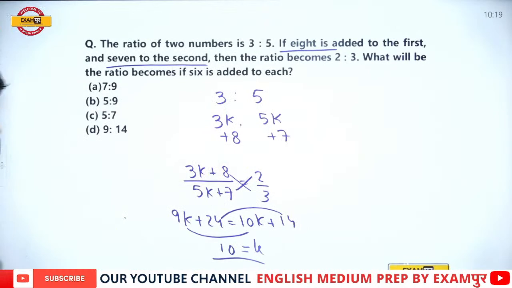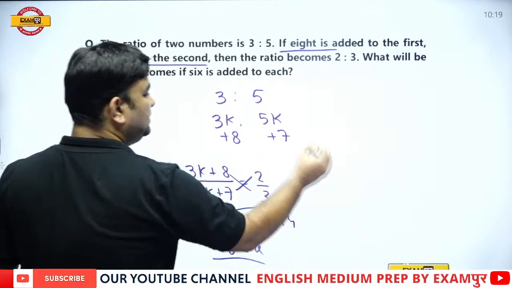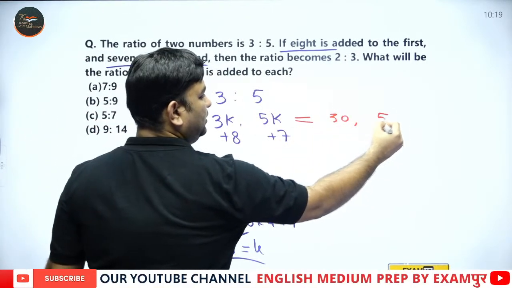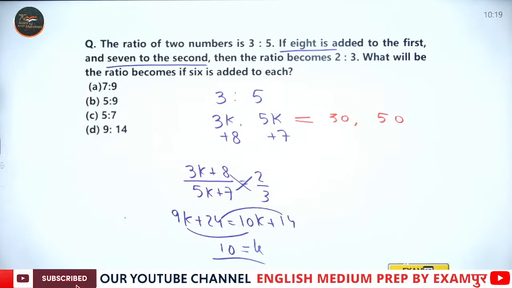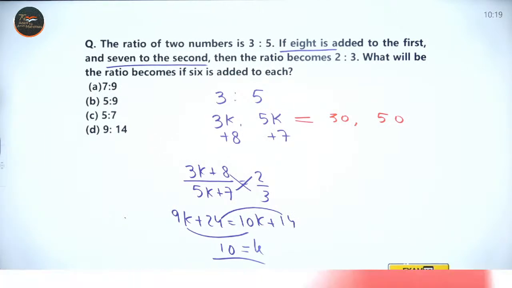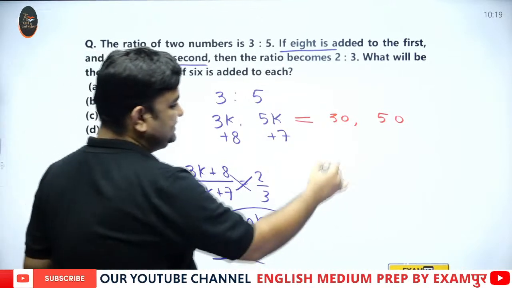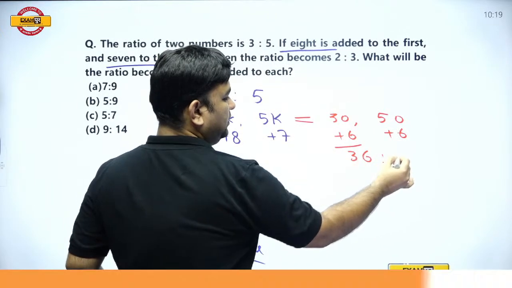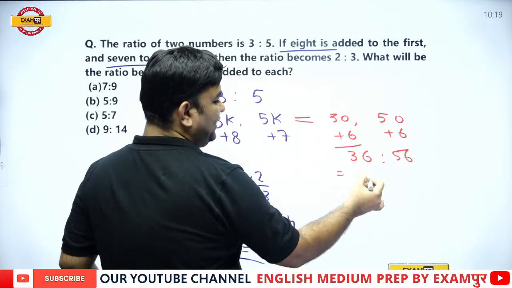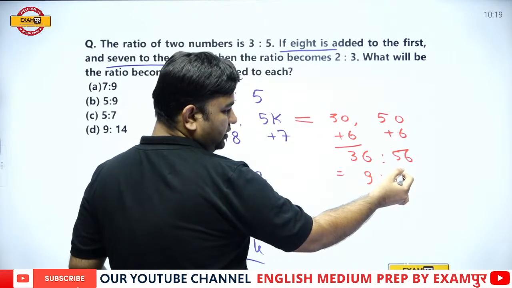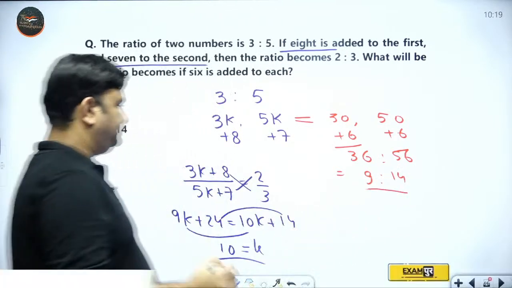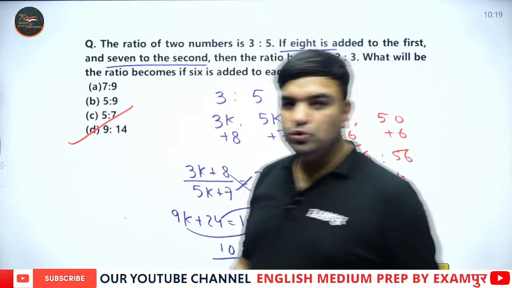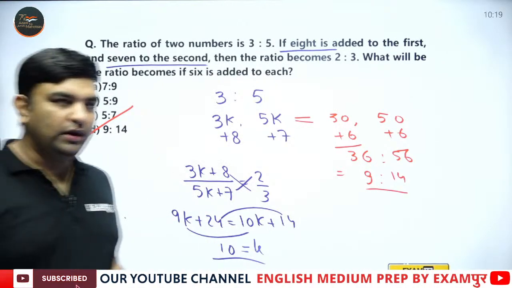So my original numbers were, putting k is equal to 10, 30 and 50. What would be the new ratio if 6 is added to each? Please do watch out. Any issues, do let me know. Shrivani, Sudeep, I know it would be clear to you.